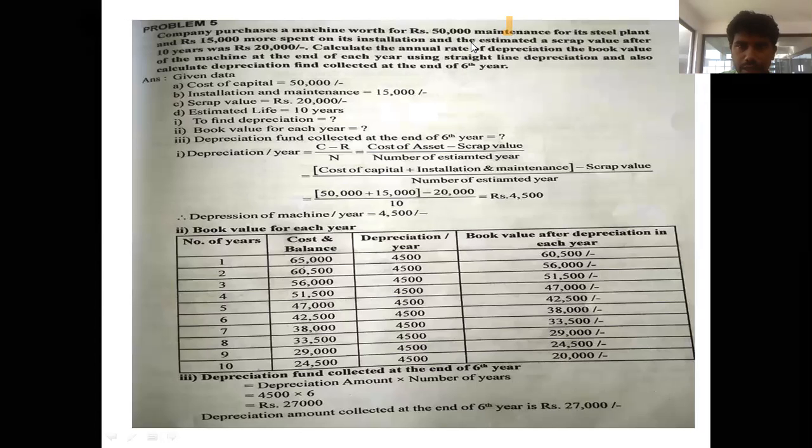We'll see another example. A company purchases a machine worth 50,000 for its steel plant, with 15,000 more spent on installation, and the estimated scrap value after 10 years is 20,000.